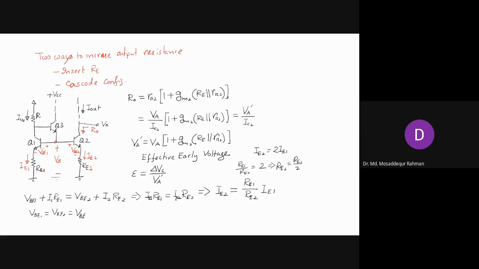So in one circuit, by inserting these resistances in the emitters, you improve the error due to finite output resistance, and by inserting this Q3 beta helper, we improve the error due to the finite beta.